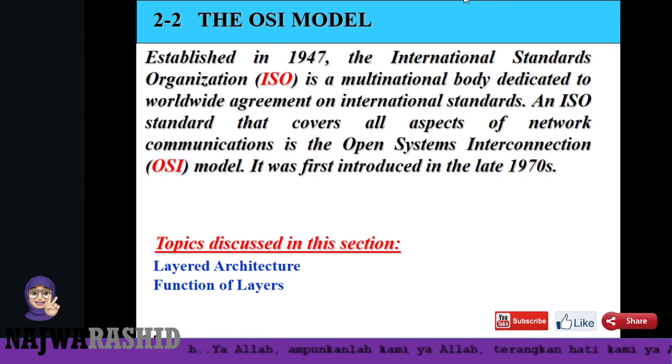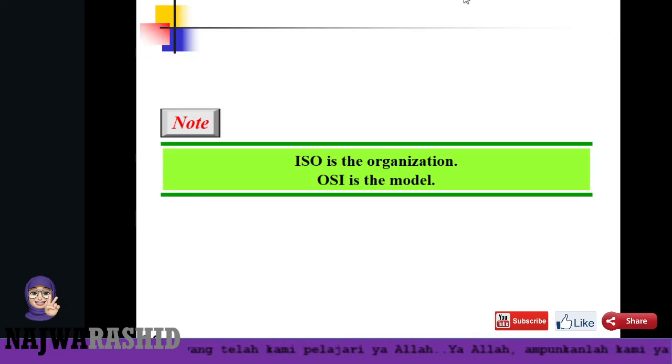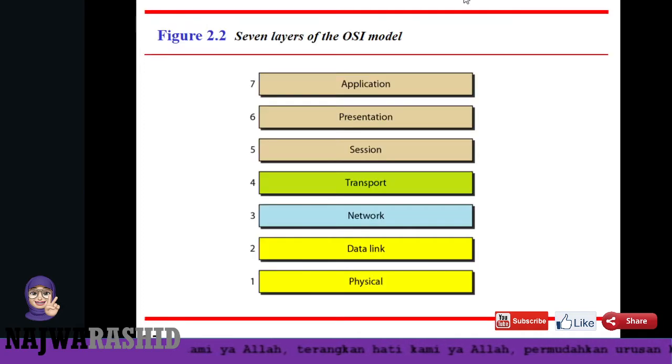So all the devices and all the services provided to allow communication over the internet must follow the standard or the model of OSI, the Open System Interconnection. This model consists of 7 layers and was established by the ISO, the International Standard Organization.